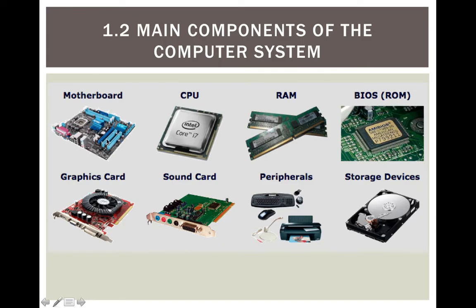So the motherboard is a large circuit board which enables all of the other internal devices to communicate together because they all connect onto the motherboard. So the motherboard is sort of home base for all of the other internal components, enabling those internal components to communicate using a very basic bus network.